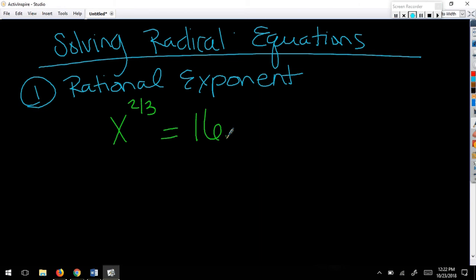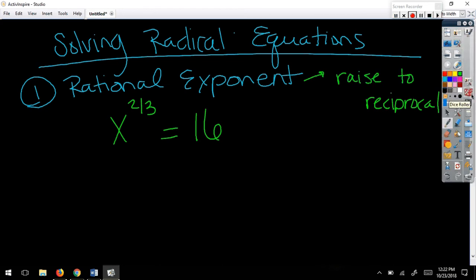So to get rid of a rational exponent, we raise it to the reciprocal. Now, what's 48 over 2? 16 over 1 times 3 halves. Look, you have to raise it, right?